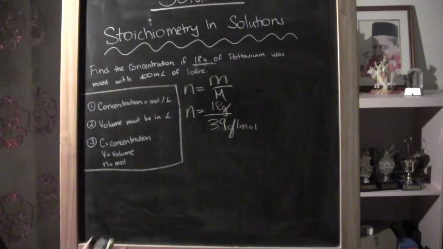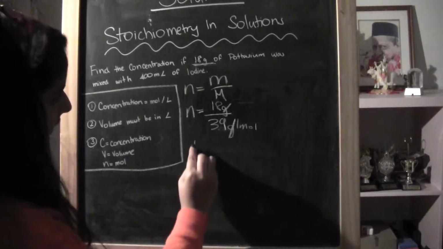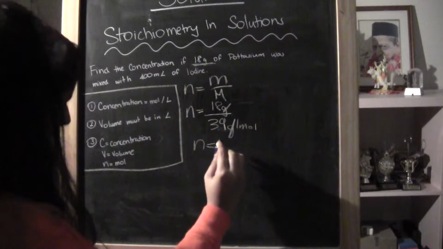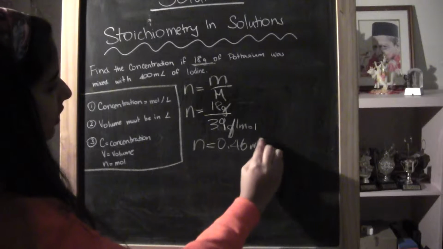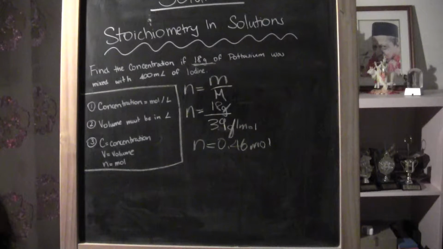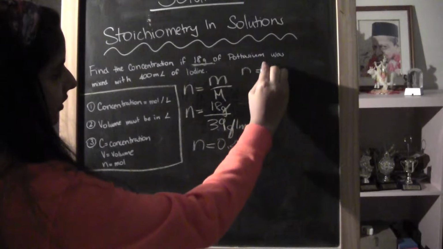Okay? So let's just divide that. So you'll get n equals 0.46 mole. Okay? So today, just for the lack of space, let's write that over here. Okay?